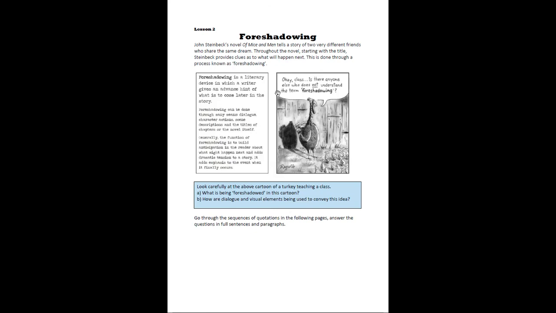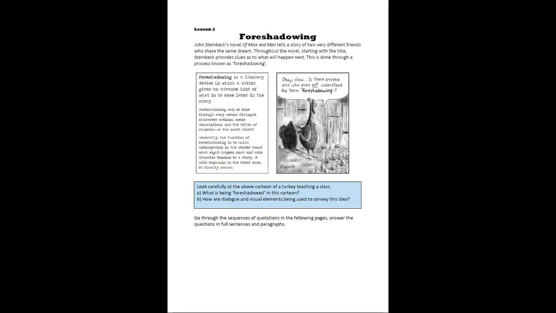We've then got a newspaper comic cartoon here that is all about foreshadowing. What I'd like you to do is look carefully at this cartoon of a turkey teaching a class. What is being foreshadowed in this cartoon?